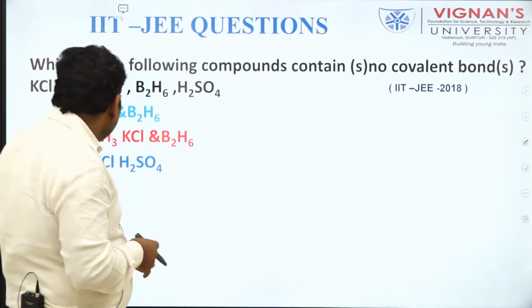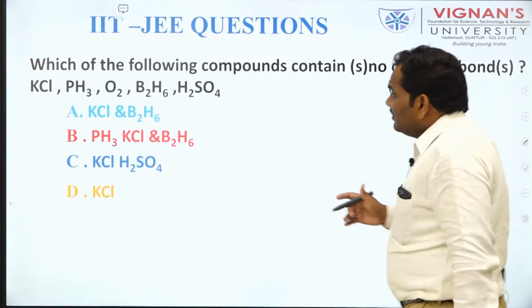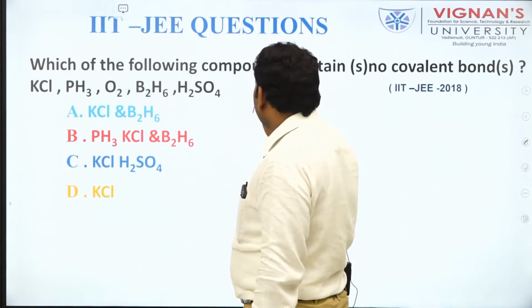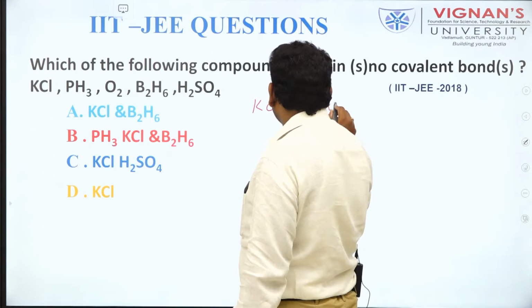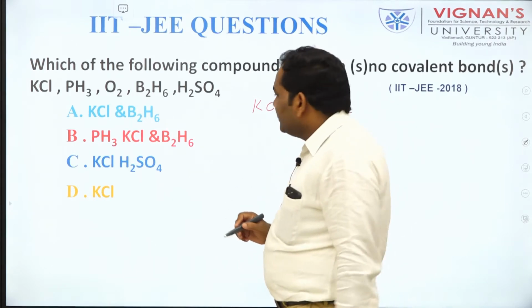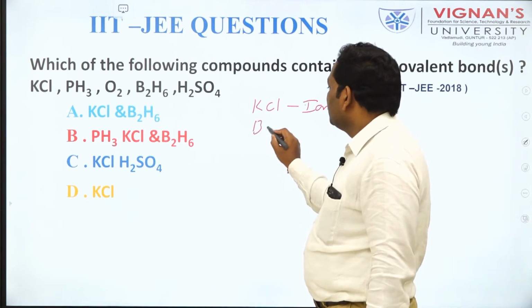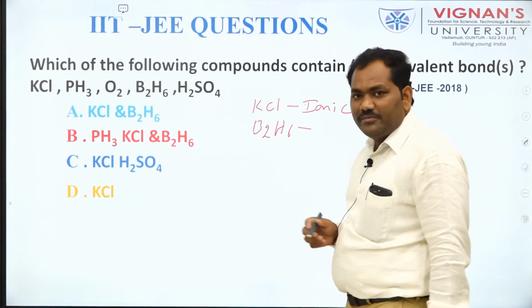So in these molecules, KCl is an ionic compound. But B2H6 is diborane.